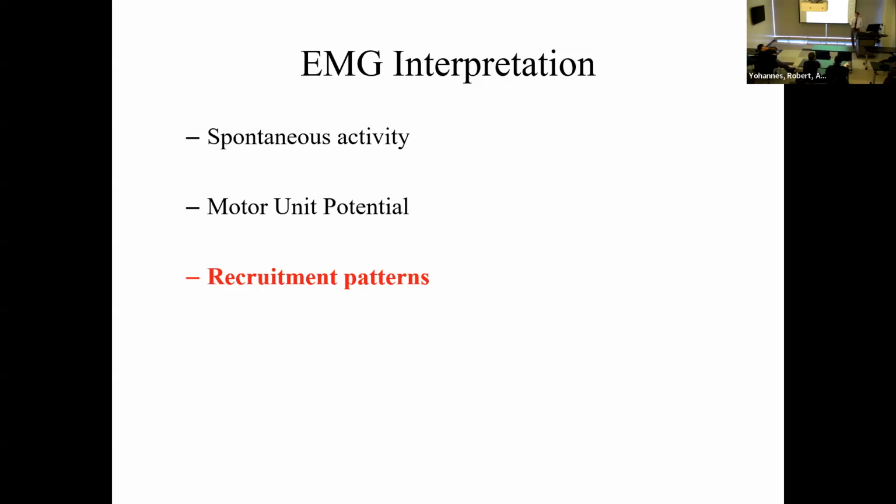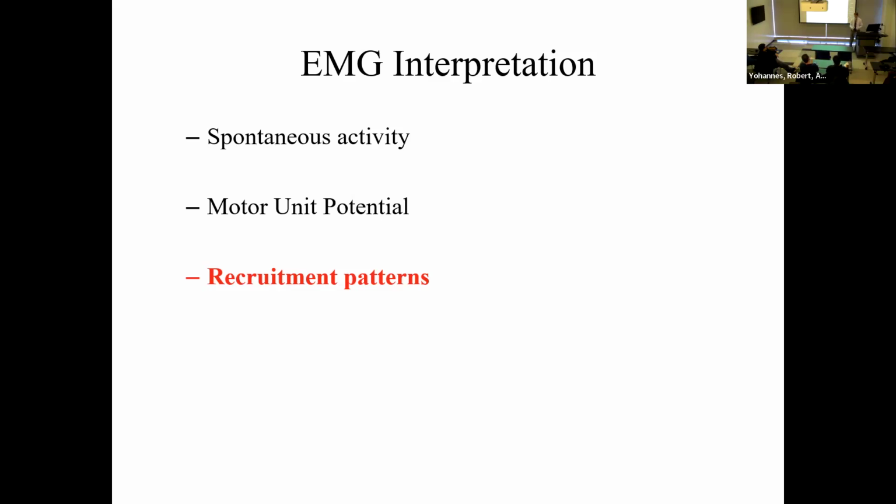The second way that we're producing force is by recruiting more units. So the first one was to have the same motor unit fire at a higher rate. And the second, more intuitive, is to call more people to help out.